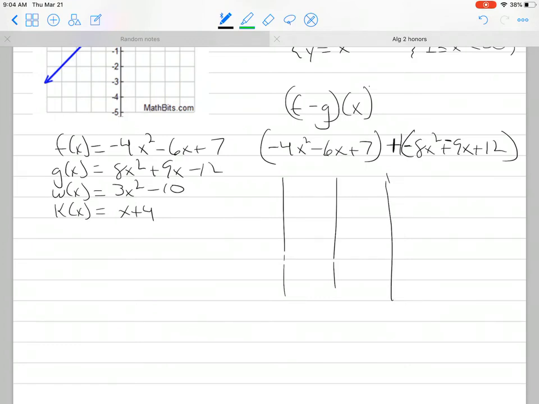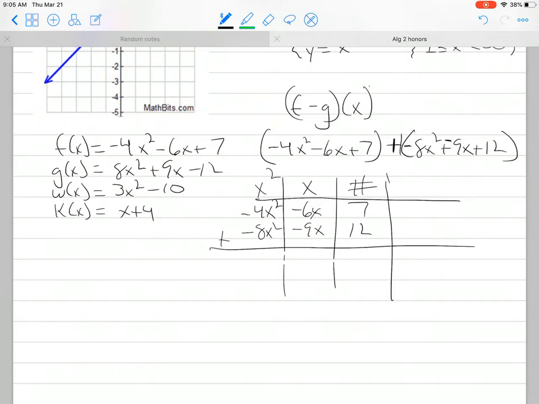Now I can just set this up. What do we have? We have squareds, we have x's, and we have regular numbers. And I can always now just add -4x squared minus 6x plus 7, -8x squared minus 9x plus 12.